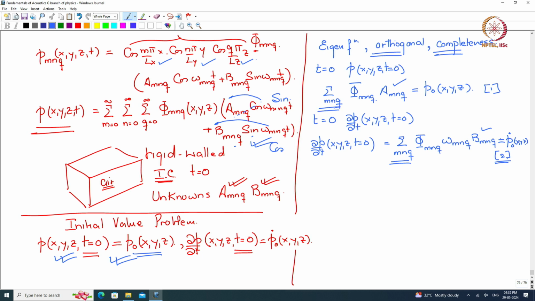So I am going to use the orthogonality of these functions. What does the orthogonality say?